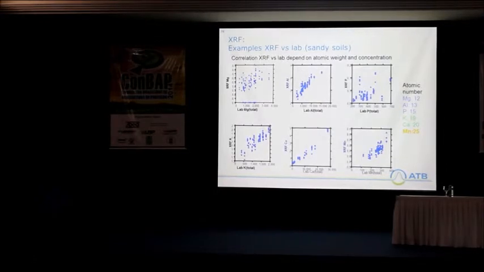It's not only the atomic number, but it's also the concentration of the element in general that influences the quality of calibration. So you see this soil has a lot of aluminium inside, and you see it gets a good model. Total phosphorus, it's not so good, but probably there are also some outliers due to the reference method from the lab.